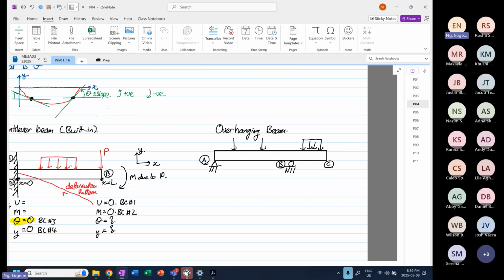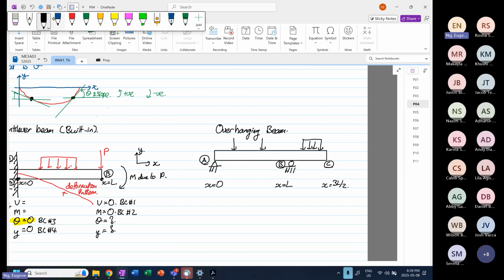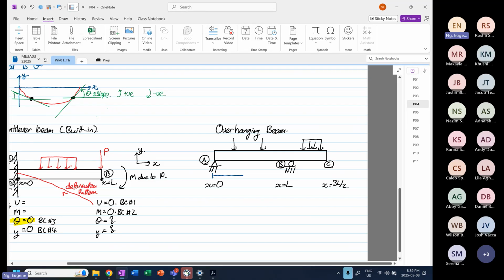We call this x equal to 0, x equal to L, and here x equal to 3L over 2. If I specify our distance, this is our L, and from here to here is L over 2.